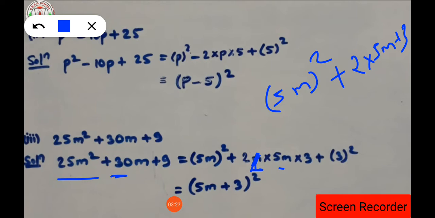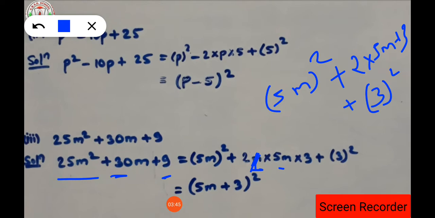So what is the answer we are having? 5m square plus 2 into 5m into 3 plus, b we are having as 3, isn't it? So that will be b square. 3 into 3 is 9, so 9 can be written as 3 square.